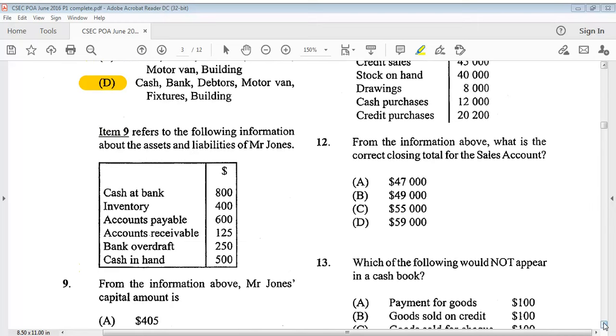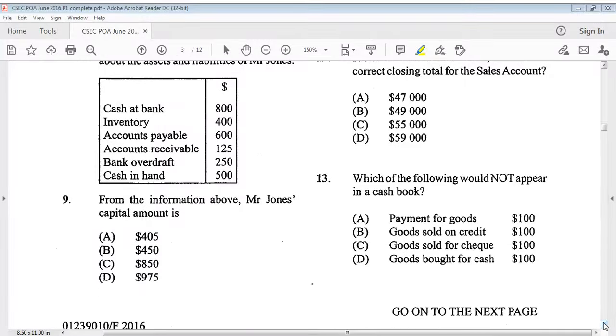So item 9 refers to the following information about the assets and liabilities of Mr. Jones. This is not a new question either. We have seen this one on past papers already that we have done. So we're identifying, it says from the information above, Mr. Jones' capital amount. So what do we know about capital?